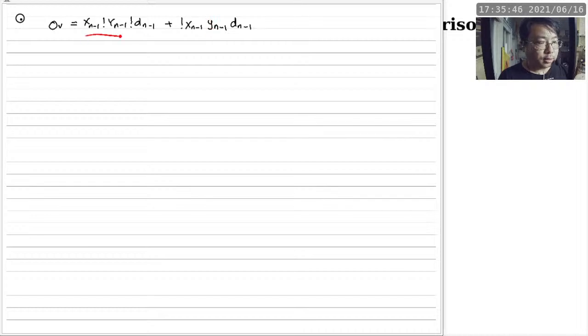If you want this conjunction to be true, then you need x n minus 1 to be a 1, y n minus 1 to be a 0 so that the negation is a 1, and d n minus 1 to be a 0 so that the negation is a 1, then that will make this entire thing a 1. The other side is the flip side of the coin, so I'm not going to explain that. But this is the definition of overflow. This is how it is calculated.